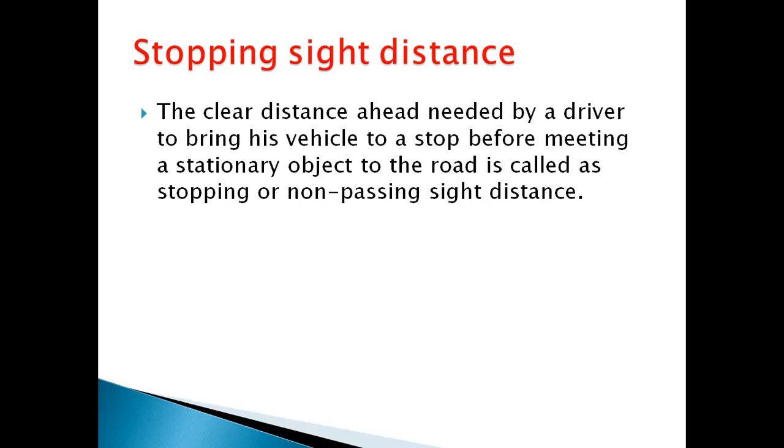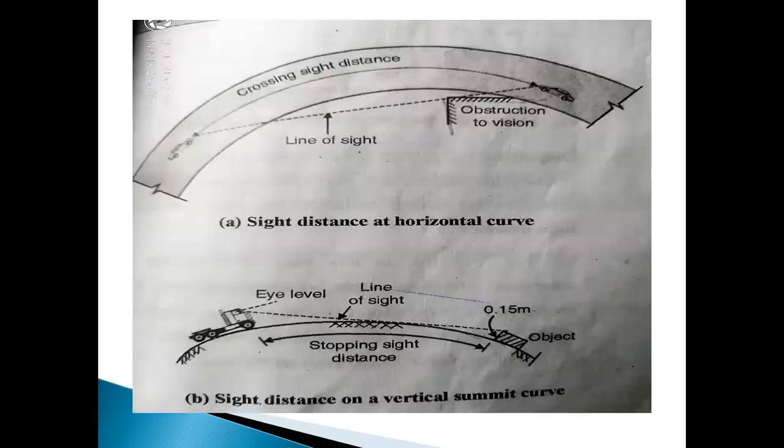The clear distance ahead needed by a driver to bring his vehicle to a stop before meeting a stationary object on the road is called stopping or non-passing sight distance. That is, the distance required when the vehicle is going to stop. The sight distance required for stopping is the stopping sight distance.